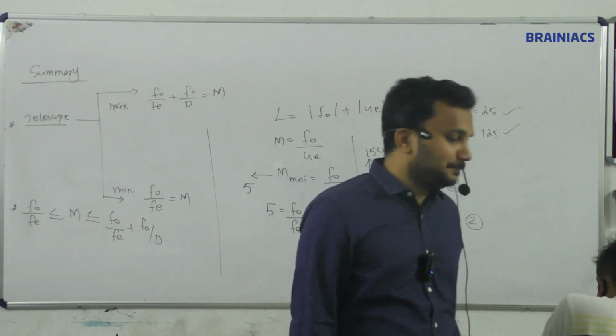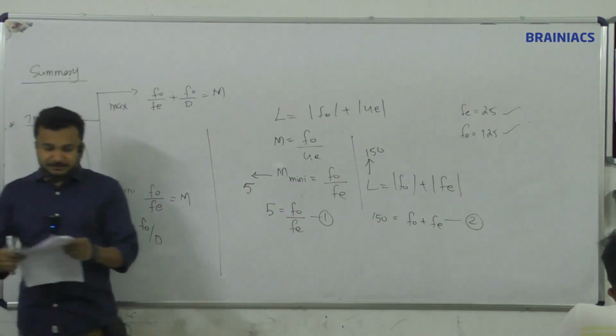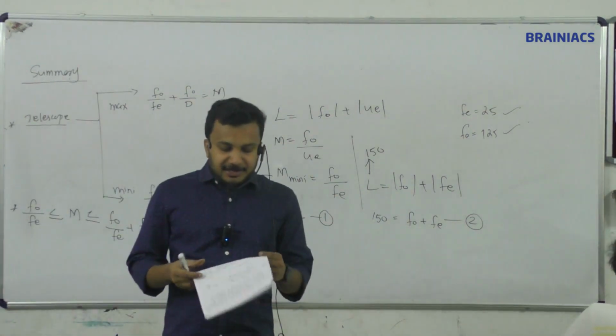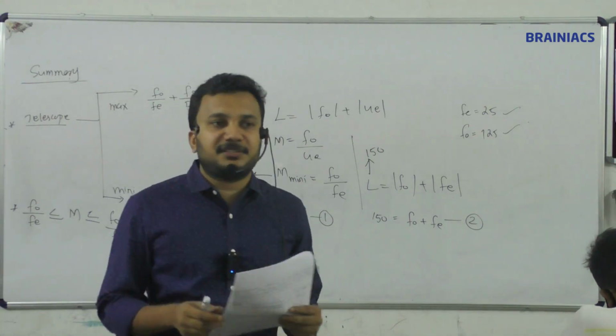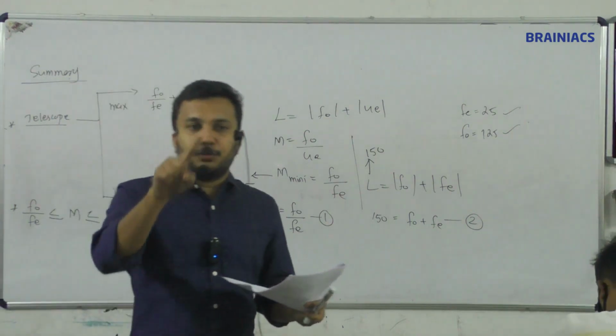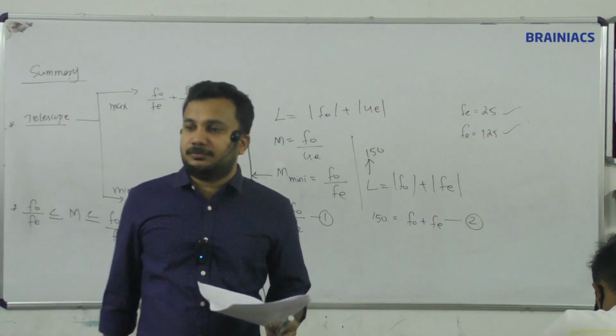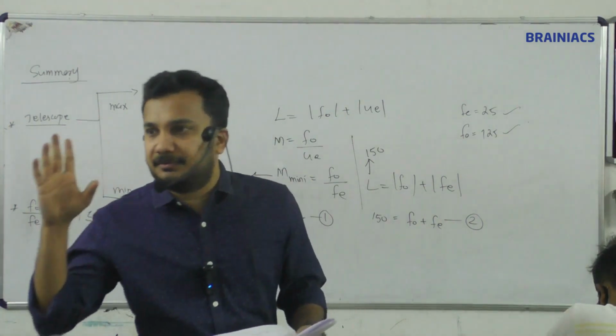You have to answer. We will answer first. What all things are given, we have to mark first. Final image is formed where? At the least distance of distinct vision. The final image is formed by the eyepiece, so VE is minus 25.